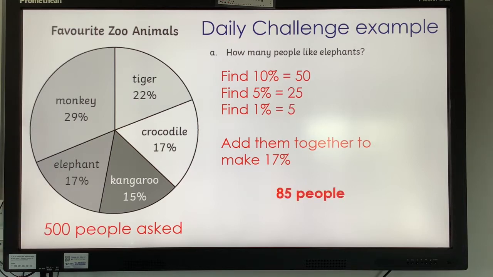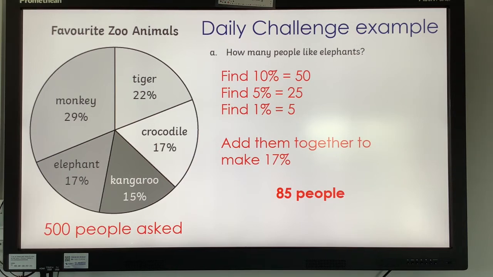So 10% is 50 because you divide it by 10. 5% is 25 because you can divide it by 10 to get your 10% and then half it, because 10 is double 5. And 1% is 5 because you divide it by 100. So you know that you've got 50, 25 and 5. Now you need 17. So 50 add 25 gives us 75 and that gives us 15%.